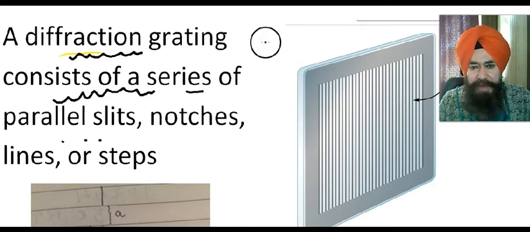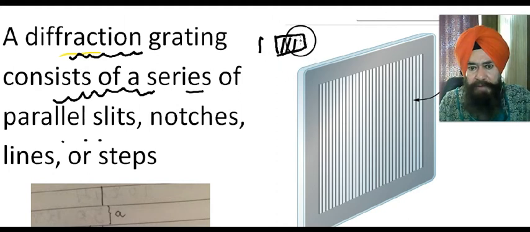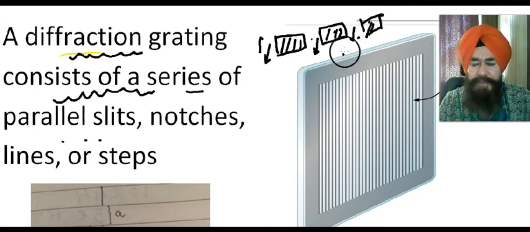Like this is an opening, then opaque, but through this light can pass. Now light again can pass through this portion. Again light cannot pass. Again the light can pass. Again the light cannot pass.